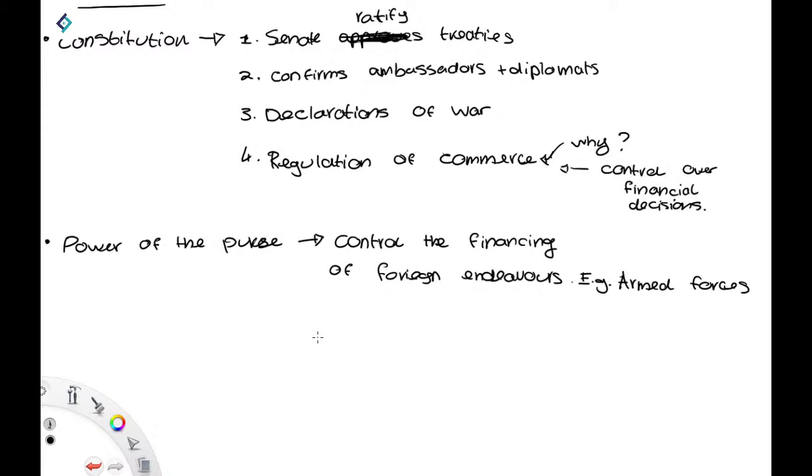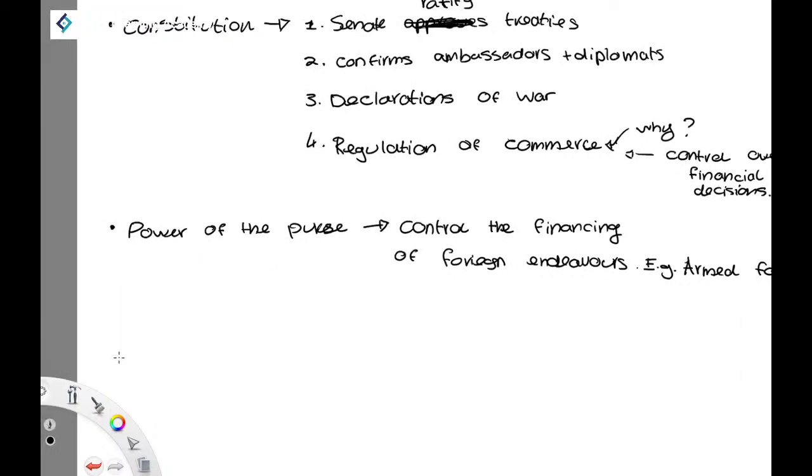Okay, now let's talk about this. Have any of you thought about the concept of alternate foreign policy? So Congress has the power to pursue alternative foreign policy.